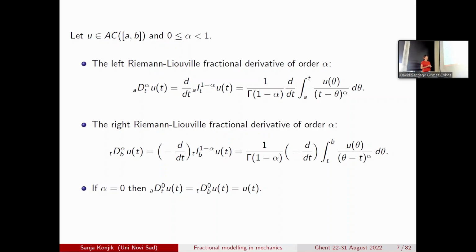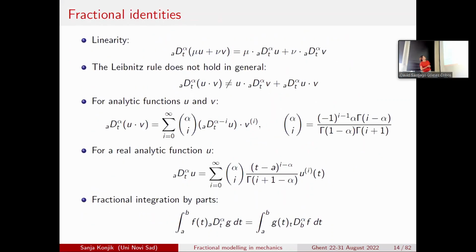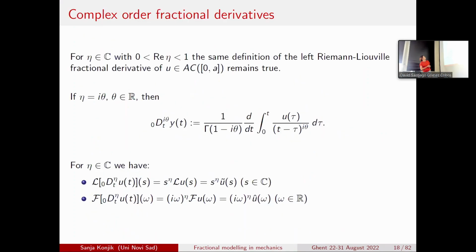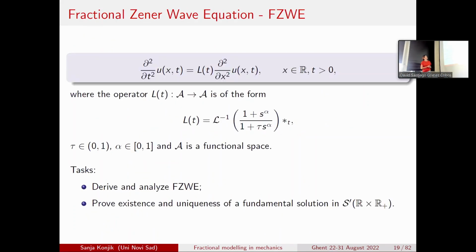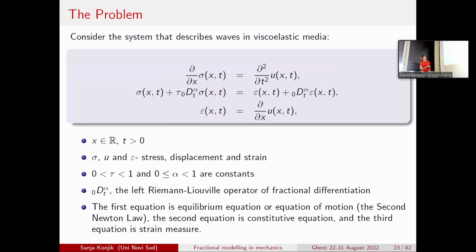And so what we did is, I will just go to the first model we considered, let's say this one. Typically we have a system of 3 equations. All 3 are different physical laws. The first one is the equation of motion. Then we have the constitutive equation, and then the strain measure.